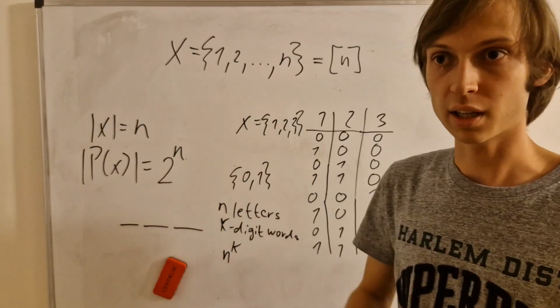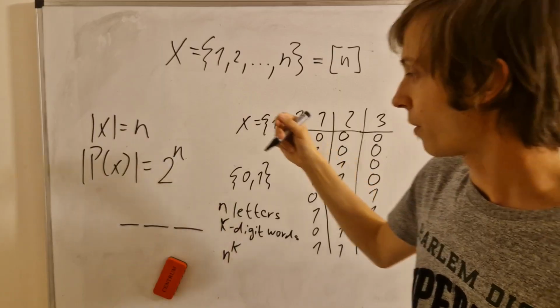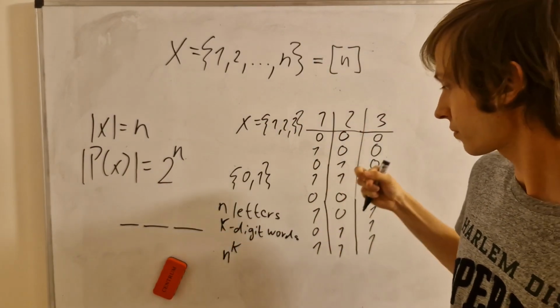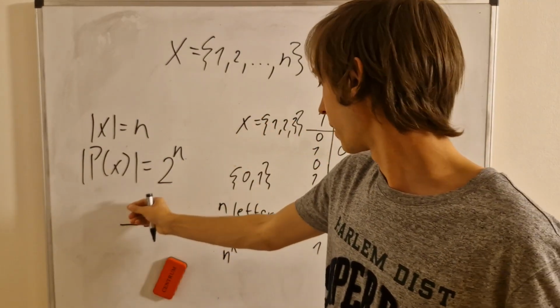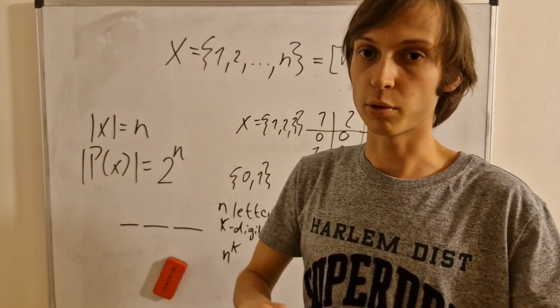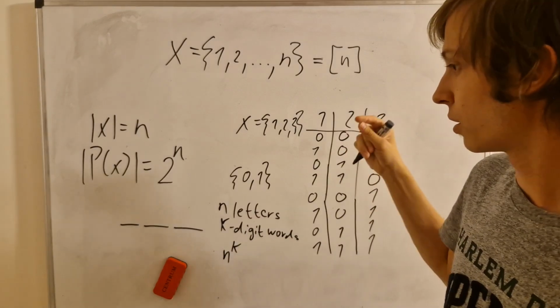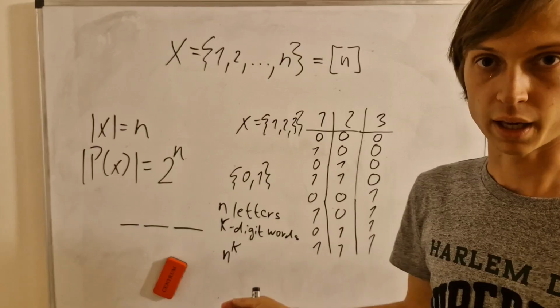So when you are counting, it's the same. When you're counting a word of k digits, the amount of different possible k-digit words generated where these digits come from n letters is going to be n to the power of k.